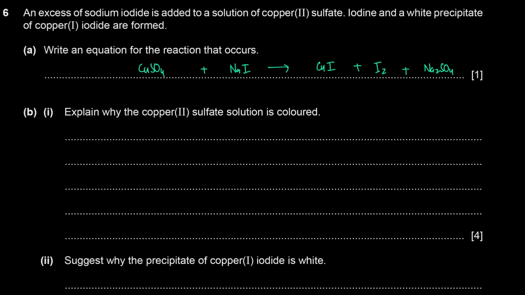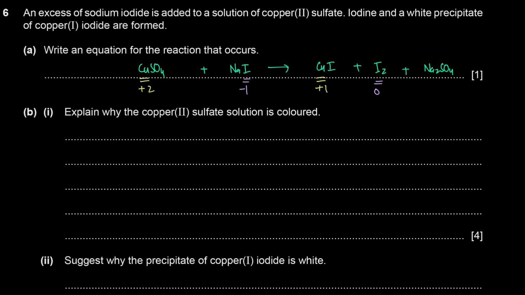Now we need to balance this equation. How do we balance this? We know that copper is being reduced from +2 to +1, since we have copper(II) sulfate and we're forming copper(I) iodide. What that means is that iodine is being oxidized from -1 to 0. In other words, copper(II) sulfate is the oxidizing agent, and iodide is the reducing agent.